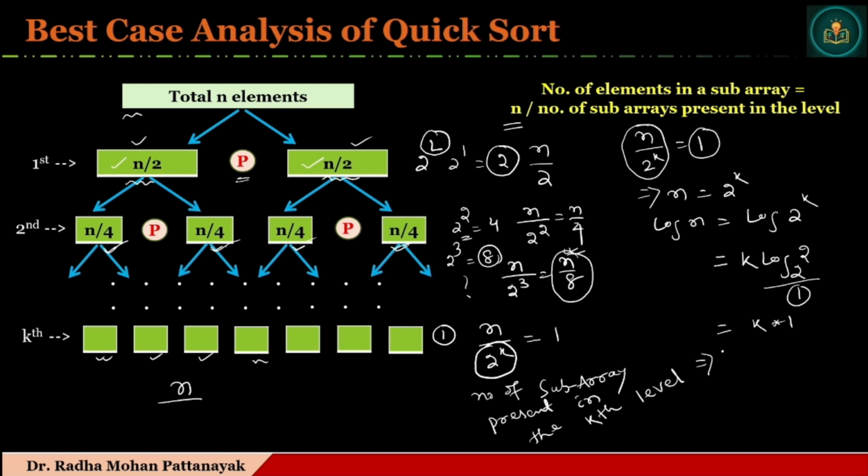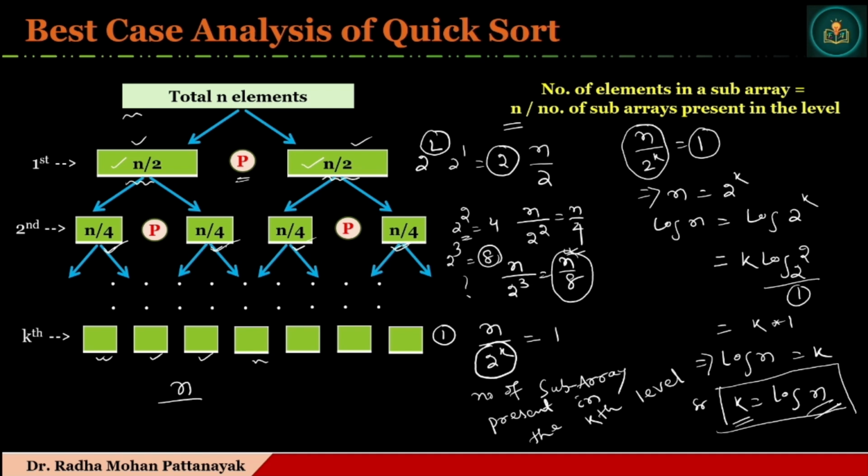That implies log n equals k, or k equals log n. I hope you understood. So what is k? k is nothing but the level number, right? Means we concluded that inside the recursion tree, it will take log n levels to stop the partition process, right?